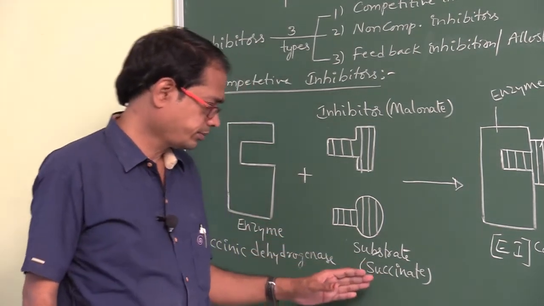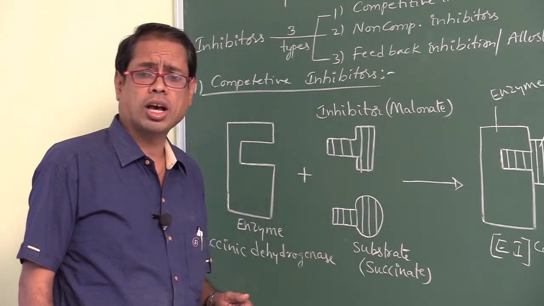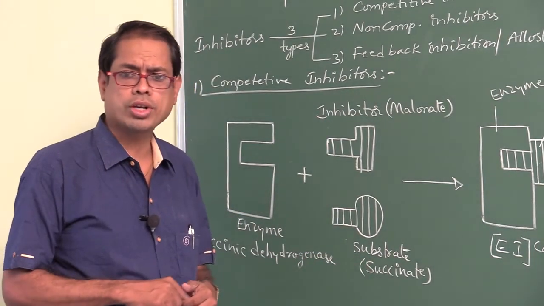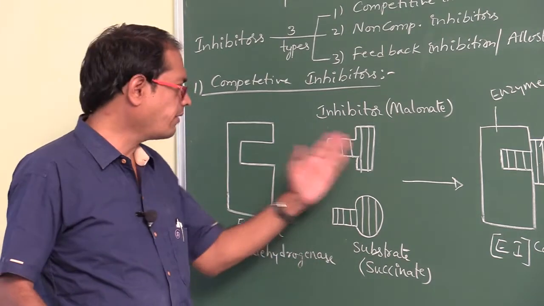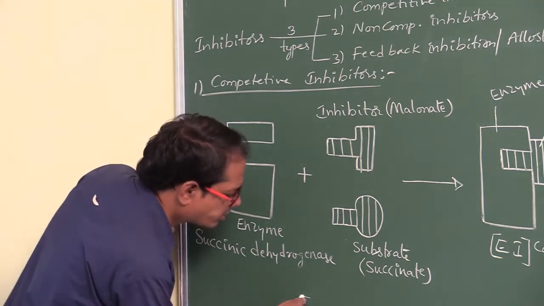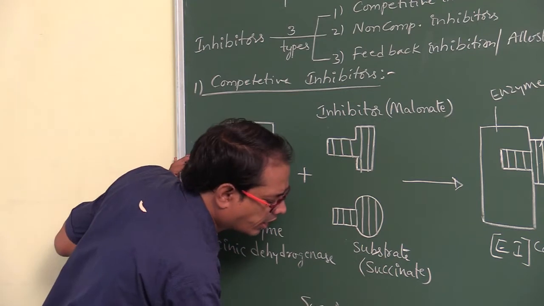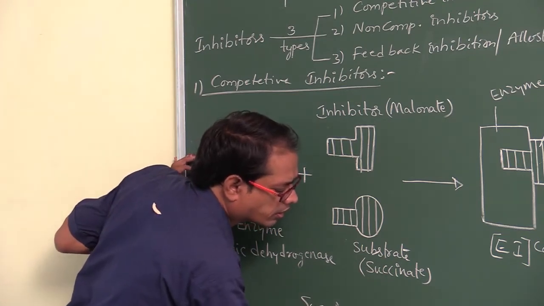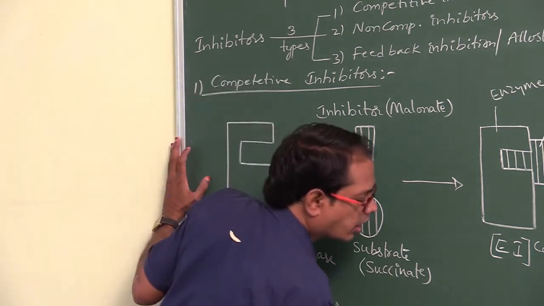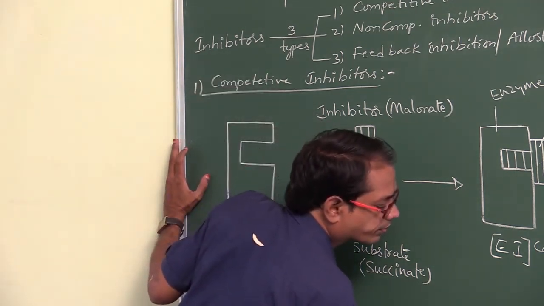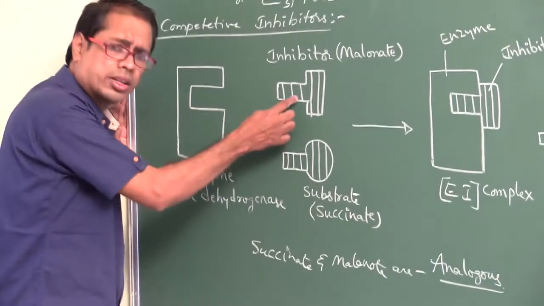Both substrate and malonate are analogous. Don't say homologous. Analogous means different in origin but same function. So succinate and malonate are analogous.